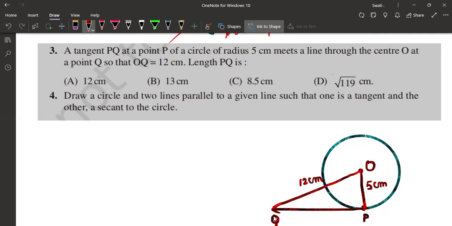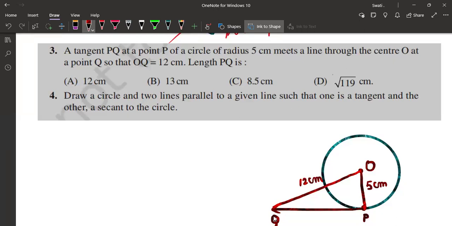Yes. So a tangent PQ. I drew a circle. I drew a tangent. Of course, it is given that the tangent's name is PQ and it is touching the circle at a point P. That is why I wrote P there. Of a circle of radius 5 centimeters. Of course, the radius is given as 5 centimeters. And it also says it meets a line through the center O, the center's name is given as O, at a point Q so that OQ is 12 centimeters.